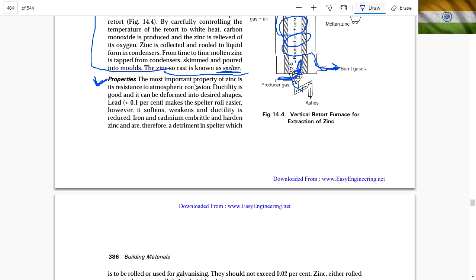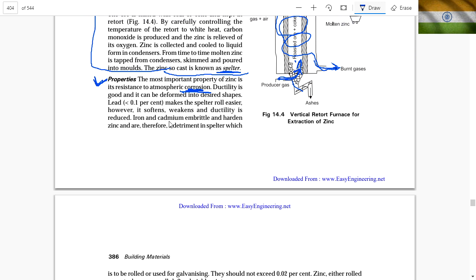So the most important property of zinc is its resistance to atmospheric corrosion. This is the biggest. See, corrosion is like a cancer. Ductility is good and it can be deformed into a desired shape. Lead less than 0.1% makes the spelter roll easier. However, its strength weakens and ductility is reduced.